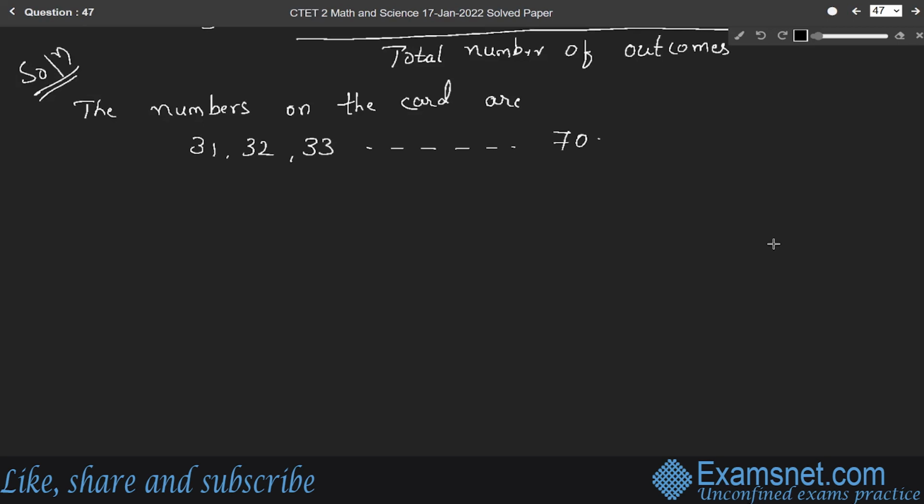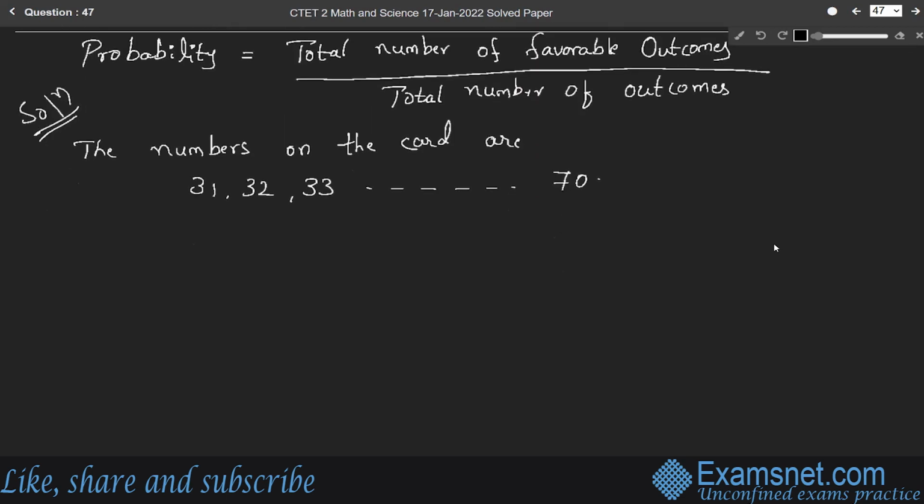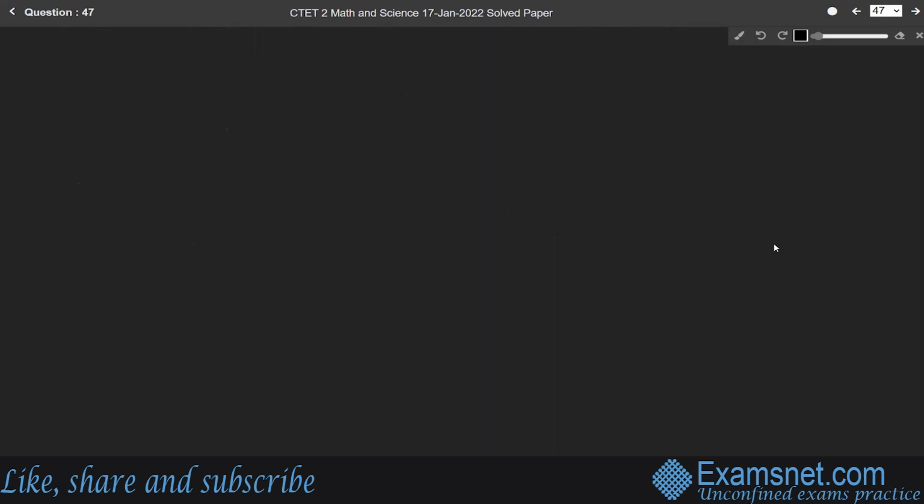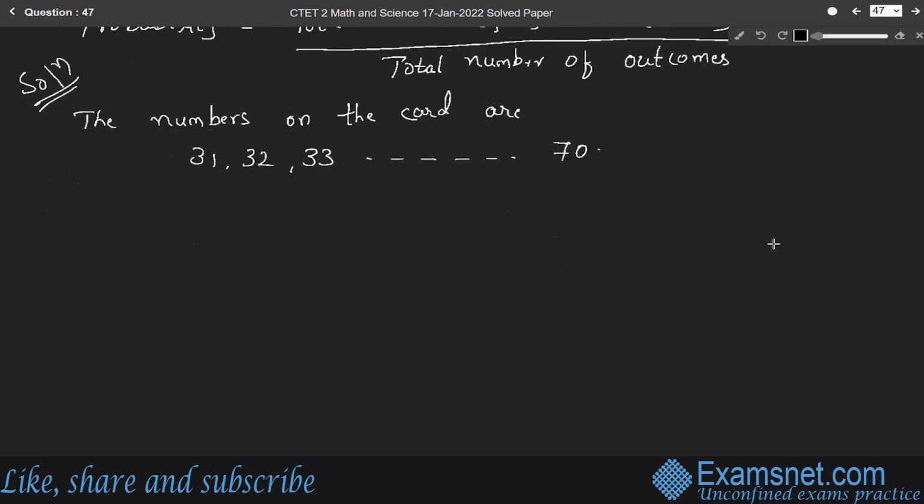Right? So here formula used is probability of an event is total number of favorable outcomes divided by total number of outcomes. Right? So here numbers on the card are 31 to 70. So total number of cards is equal to 40.